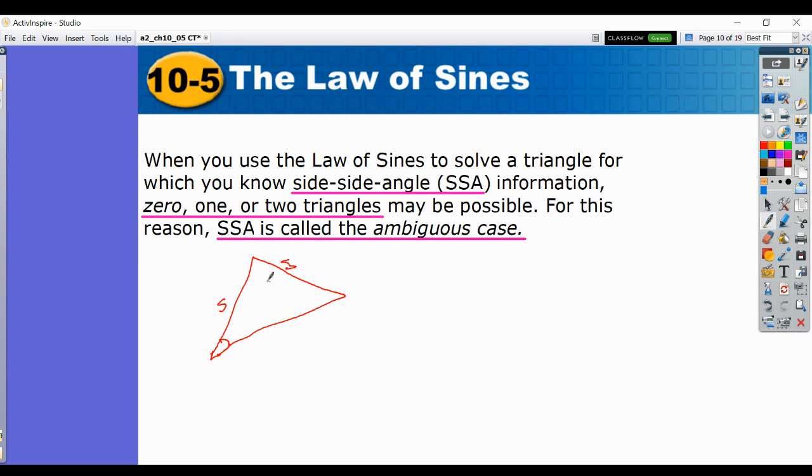So you have this triangle that I drew here, where these sides are fixed length and this angle is fixed. Okay, I'm going to draw another triangle with the same side length and the same angle here and the same length. This length, let's just draw it right here. It's still the same length S, but I have a completely different triangle, this smaller one here and this bigger one.